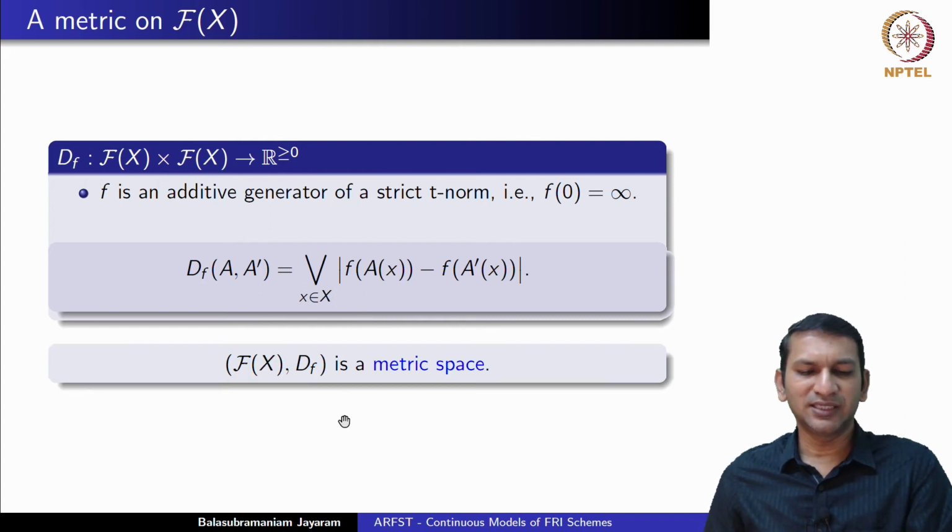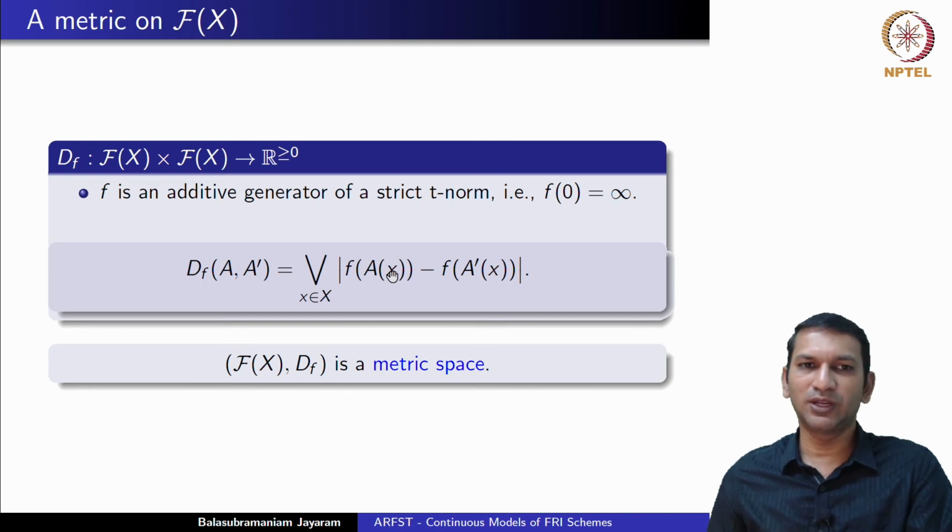What we can say is this d_f in fact is a metric on the set of fuzzy sets on X. Now this can be easily seen. For indiscernibility, because it is a supremum, and the supremum is 0, then we know that the values inside, on which we are taking the supremum, are all non-negative because it's mod.